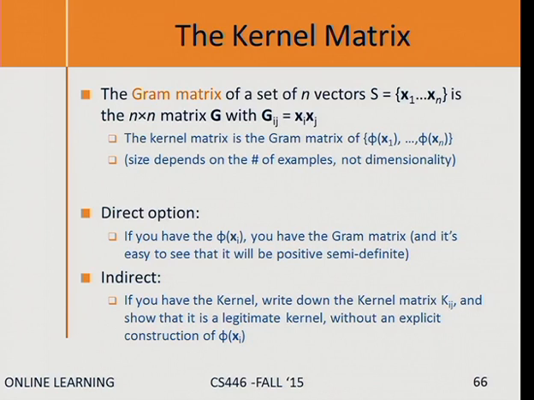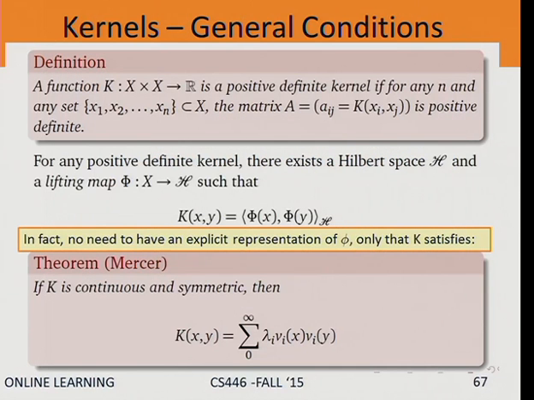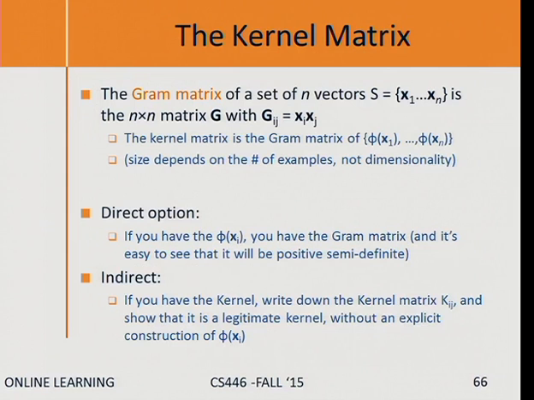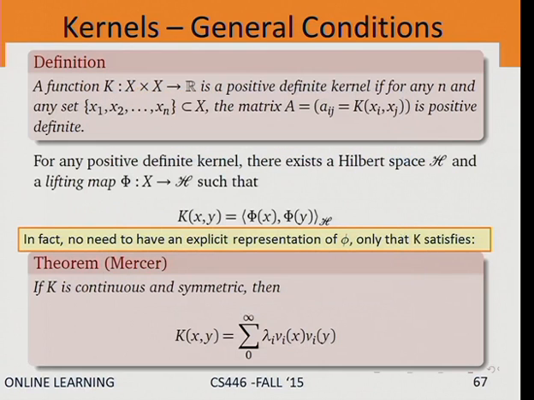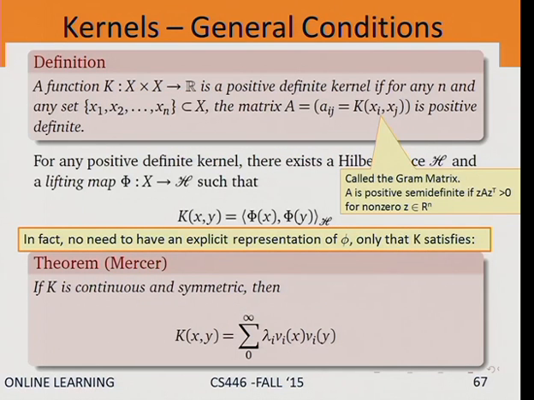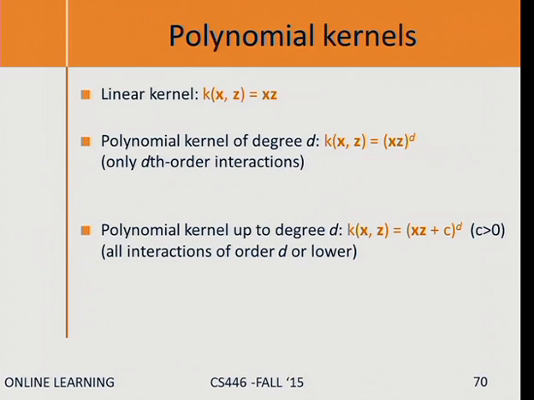And if this matrix satisfies some conditions, and I'm writing these conditions here, then everything is going to be okay. So there is a phi that corresponds to it. I'm not going to go into this condition exactly. All the definitions are here if you want to understand it. It's basically that this matrix has to be positive semi-definite.